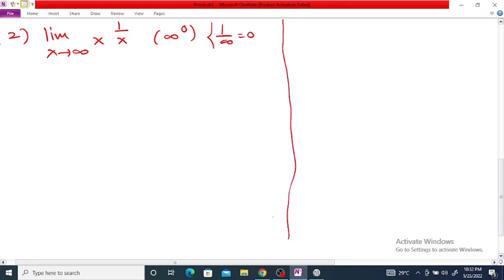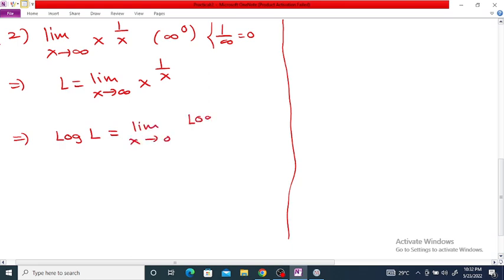So to evaluate this limit, we assume the value of this limit is L. So the limit as x tends to infinity of x raised to 1 by x is equal to L. Now if we apply log on both sides, log L is equal to the limit as x tends to infinity of log x divided by x. Now if you put infinity here, log infinity is infinity and x is infinity, so it is infinity by infinity form.